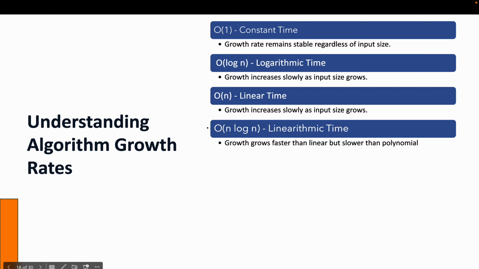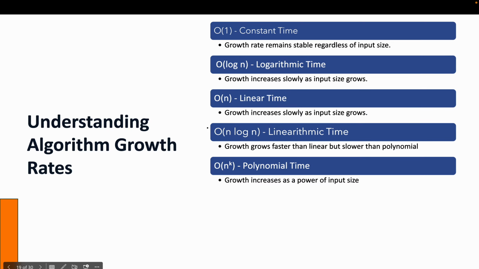And then we have the linearithmic time, which I said is faster. The growth rate is faster than linear time, but it's also good. You can have this complexity in sorting algorithms. And then as an upper bound, we have the polynomial time.